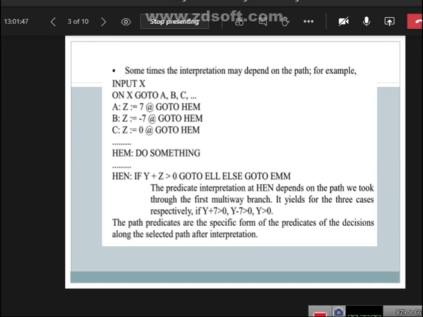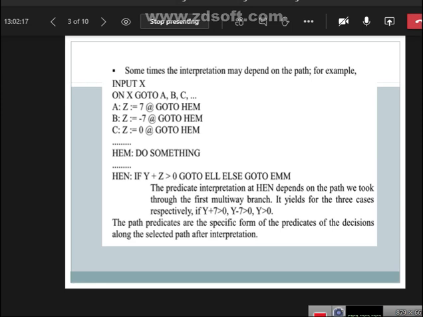This is the main thing that you have to keep in mind. This is the multi-way thing, so please be sure about that once we have done all these things. If you have observed this, then you can get an idea about all the topics related to predicates, path predicates, and path interpretation.